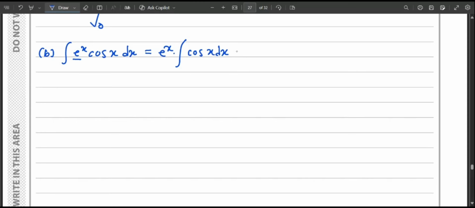And then we subtract the integration of the d/dx of e to the power of x, the first term, multiplied by the integration of our second term. The whole of this will be integrated.